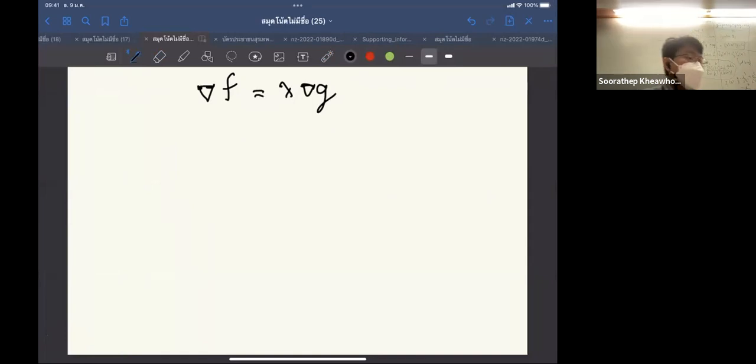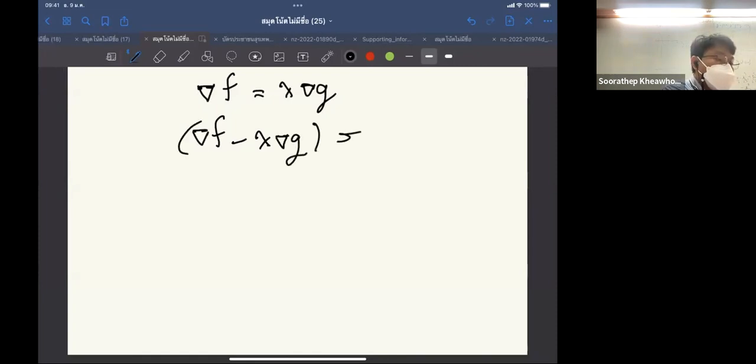Because it's parallel, we need some value, we call it lambda. We rearrange this expression, and we obtain the gradient of the objective function minus lambda, which is an arbitrary variable, times the gradient of g, must be 0.